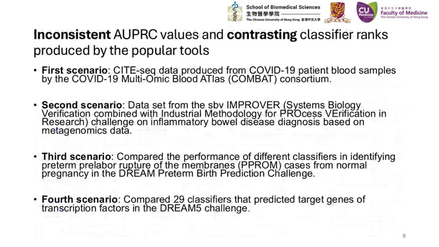This page outlines 4 scenarios where differences in AUPRC evaluation tools lead to significant shifts in classifier rankings. The first uses CT-SEC data from COVID-19 patients, Combat Consortium, while the other 3 draw from completed machine learning challenges, revealing how tool choice can even flip top-performing teams.